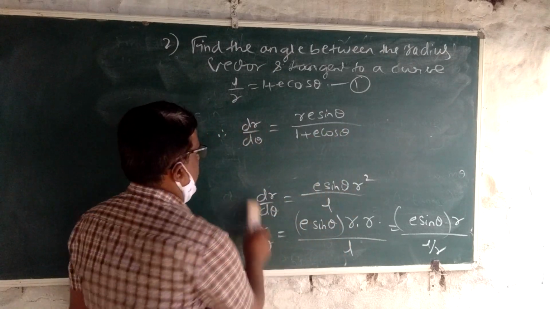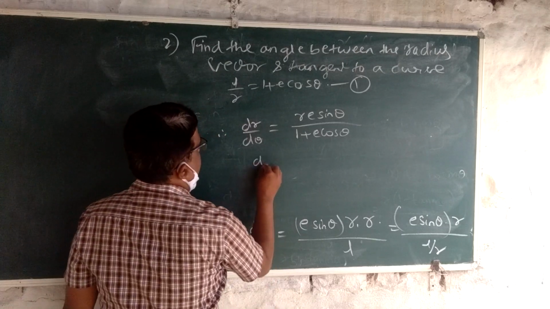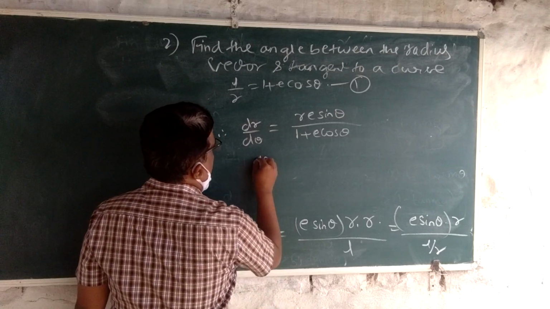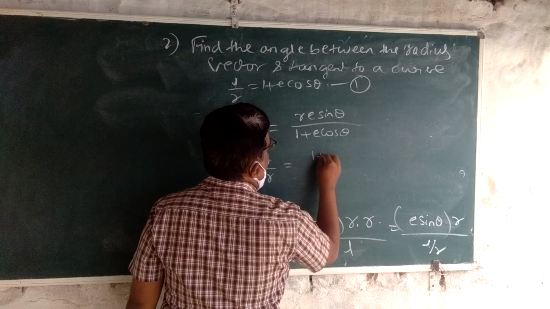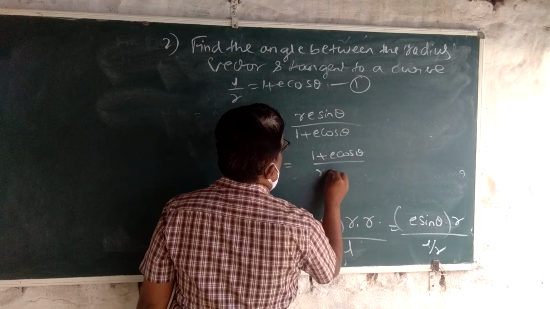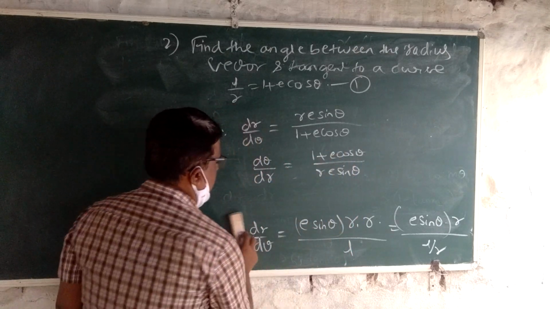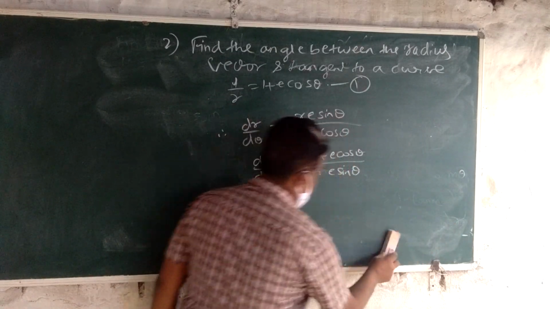Correct? So now reversing. Next what we do? Reversing, so dθ/dr is 1 plus e cos θ divided by r into e sin θ. After reversing, we get dθ/dr.